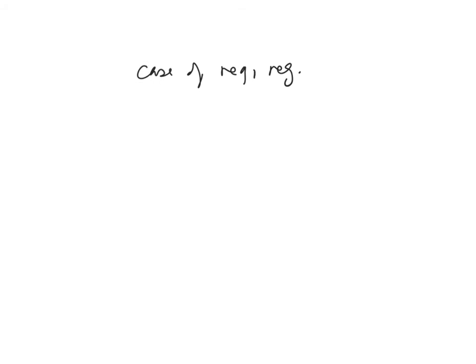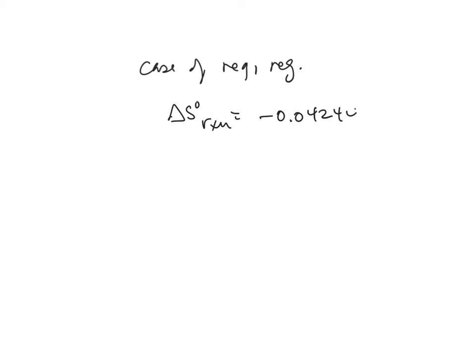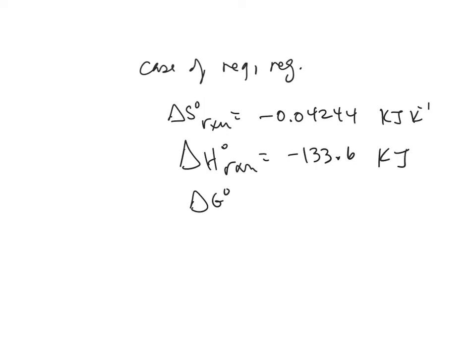The entropy for this reaction from the last video is equal to negative 0.04244 kilojoules per degree Kelvin, and the enthalpy for the reaction we calculated was negative 133.6 kilojoules. And of course delta G we just looked at again, and that's the negative 7.1.